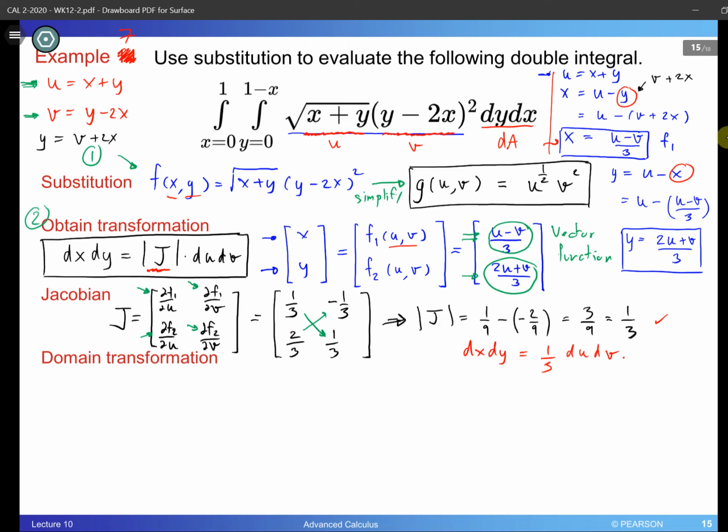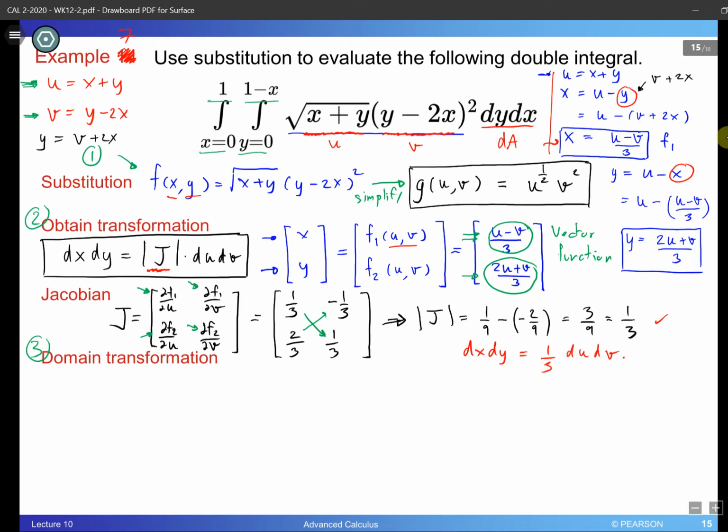Now let's move to the last step, which is to translate the boundaries. So we are going to take a look at the boundaries that we have, 4 of them. Lower bound for y, upper bound for y, lower bound for x, and upper bound for x. So let's bring everything down here. I'm going to start with the one inside, which is the y variable.